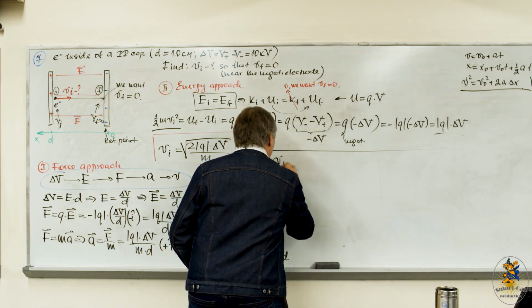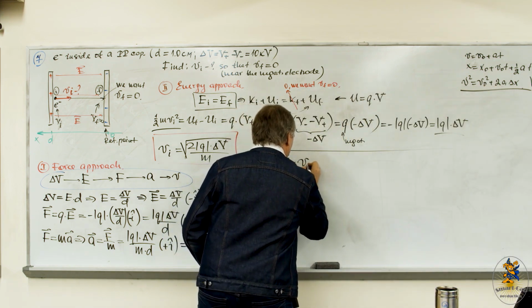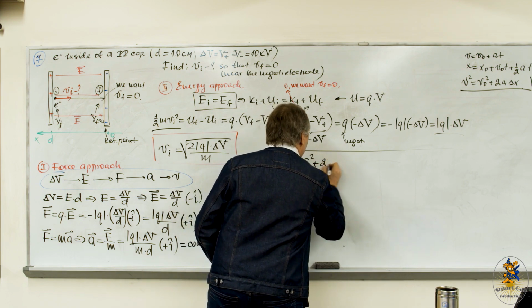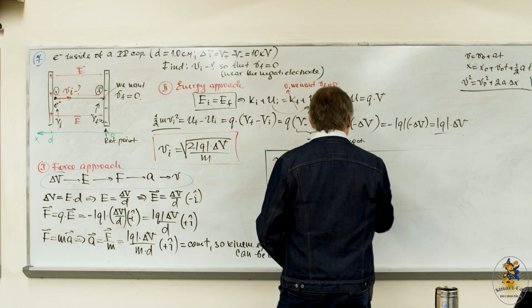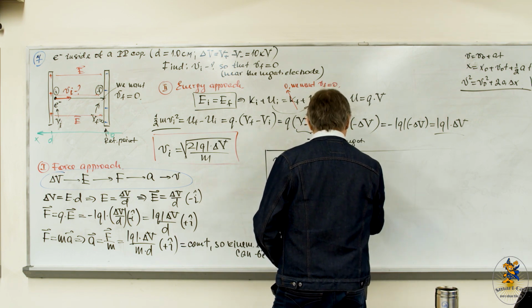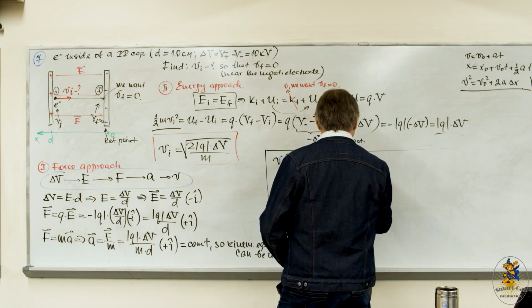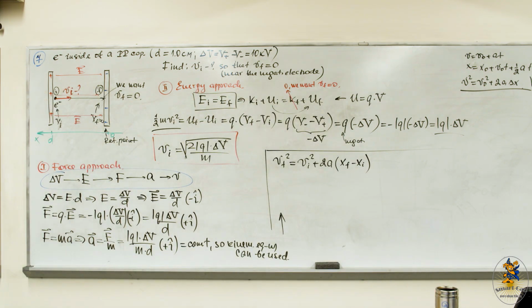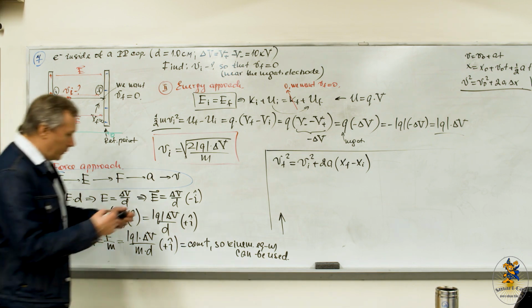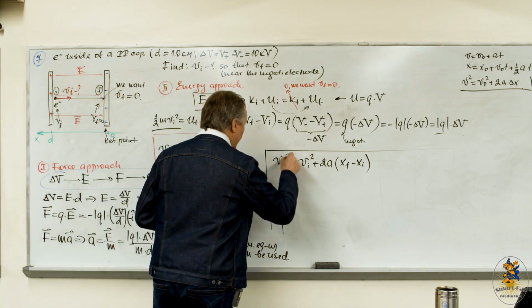So it will be v final squared equals v initial squared plus 2a delta x. Okay, so let me first write in general. By definition, delta x is x final minus x initial. And now let's carefully look at the picture and assign the values. We want final velocity to be 0.